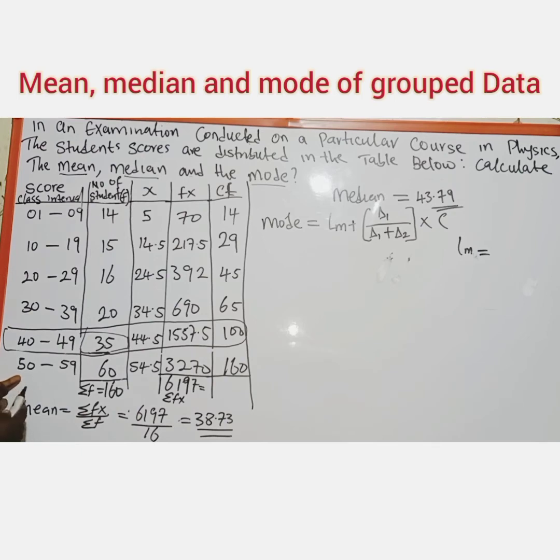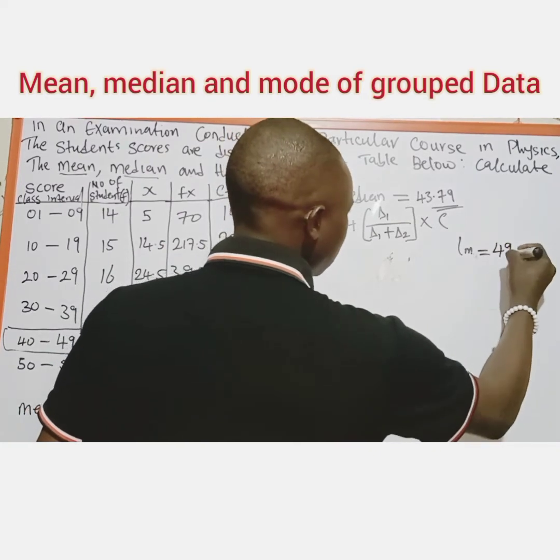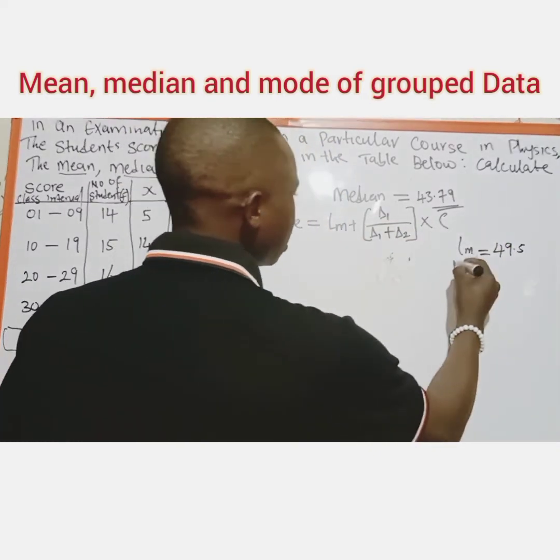You have 50 as lower and 59 as upper. We add the upper class limit before the modal class plus the lower class limit of the modal class, then divide by 2. So we find the midpoint between the upper limit before the modal class, which is 49, plus 50. It will give me 99. Then 99 divided by 2 gives me 49.5.